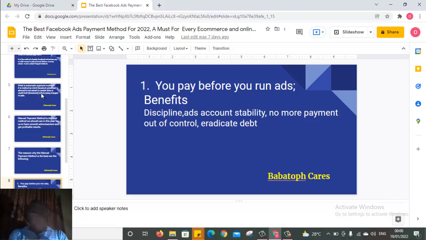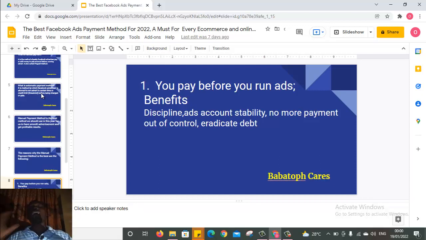It means that you are feeding Facebook before Facebook feels hungry. Are you getting it? Before it feels hungry, you have already fed Facebook. So it's very good. It makes an advertiser disciplined, and you will not be indebted to them. You won't owe them.